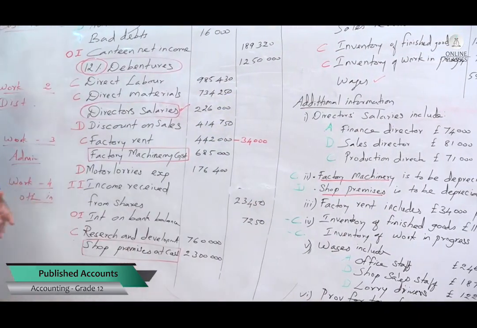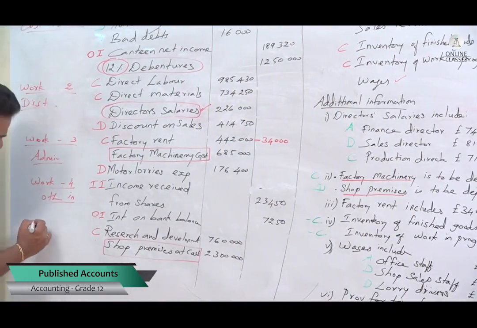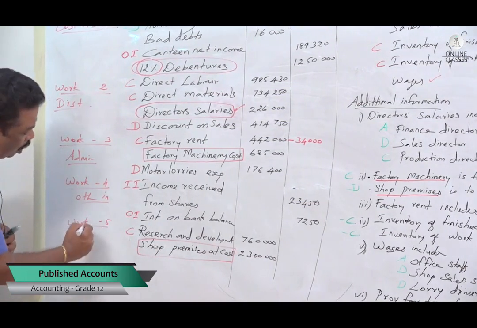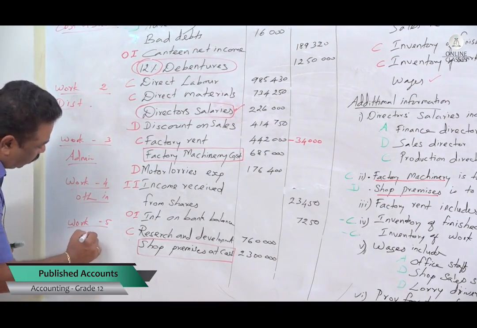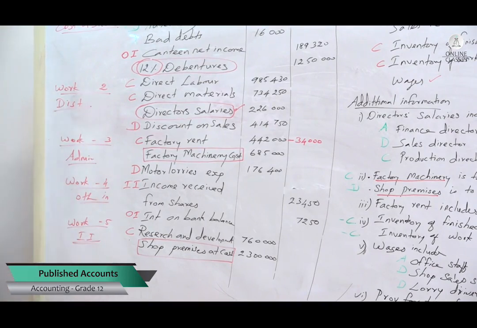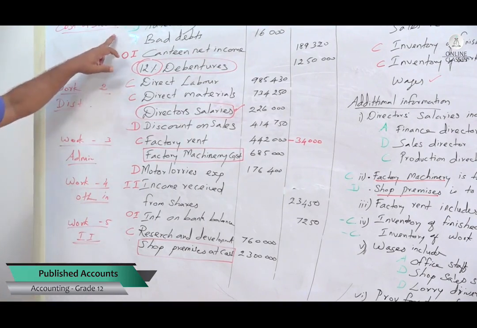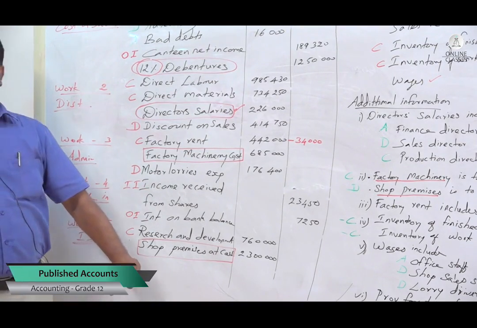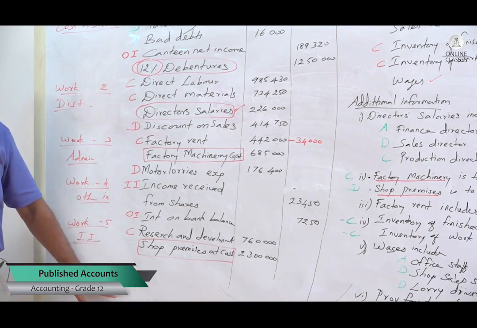Those 3 when you add up you will get the other income. Next go for working note 5, that is investment income. Under the investment income, take out all the II, only one income, that is income received from shares and securities.